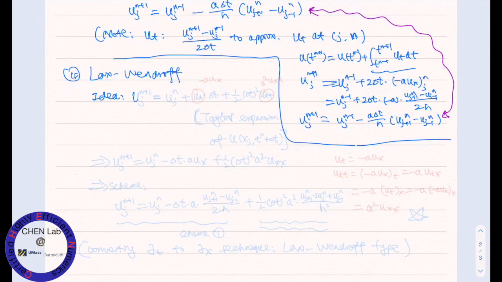The idea here is that u_j^{m+1} is u_j^m plus a Taylor expansion: ut times delta t plus 1/2 delta t squared utt, and so on and so forth. It keeps going, but this can be approximated by that.